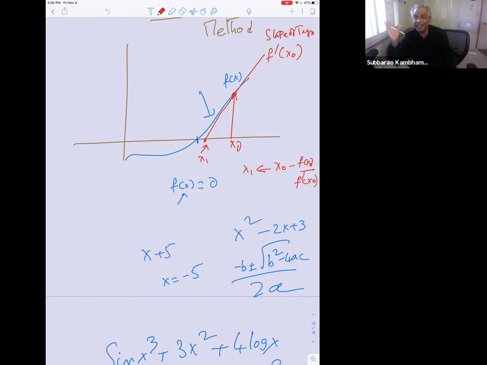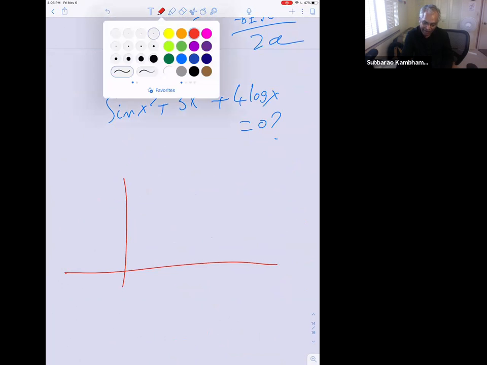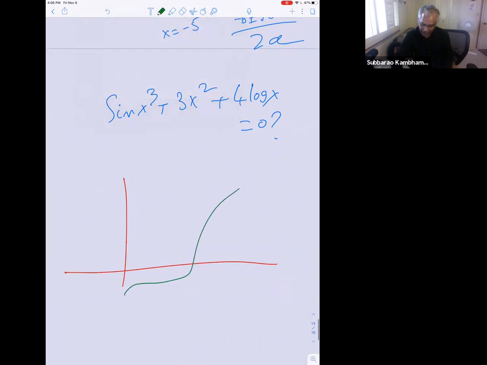f dash is the gradient, the derivative. And we will talk about this, and this is actually the basis for gradient descent. Because in gradient descent, all you're doing is, for any arbitrary function, you're trying to find the minimum, the error minimum.